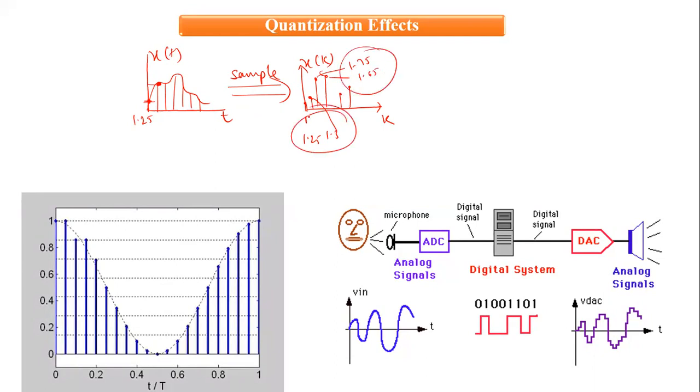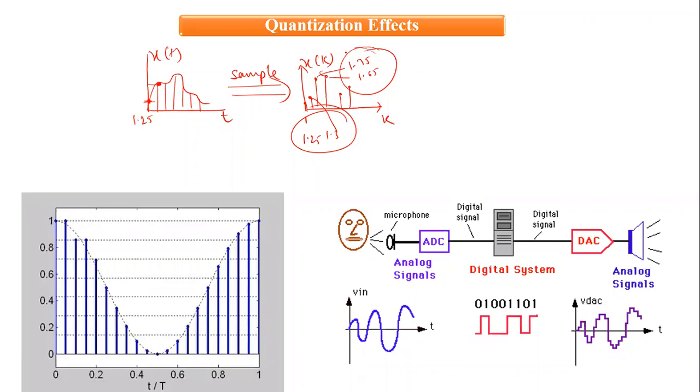So that means you may have fractional values. You may have a natural number or a whole number as the amplitude, but most of the time you may find a fractional value, right?